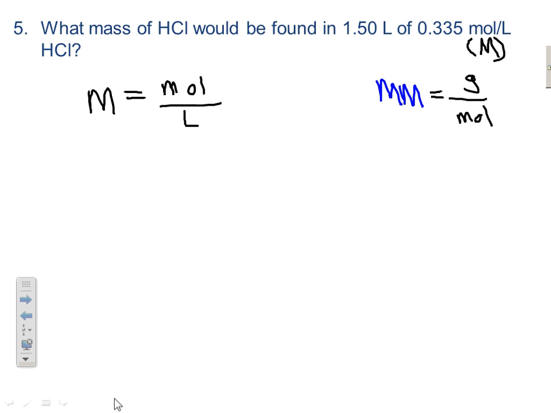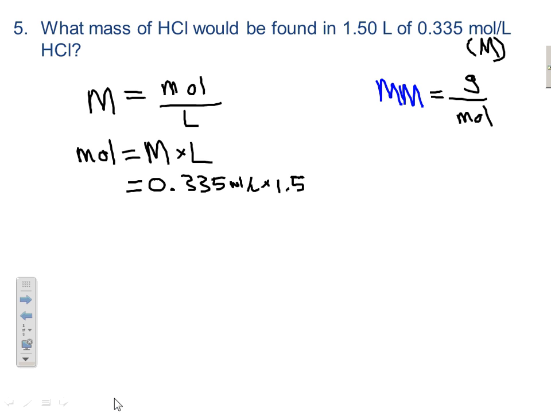What is the equation for moles? Molarity times liters, as it goes up there, or you can cover it up on the top and you'd have it like that. Molarity times liters: 0.335 moles per liter times, and it is in liters, we don't need to convert it, 1.5.